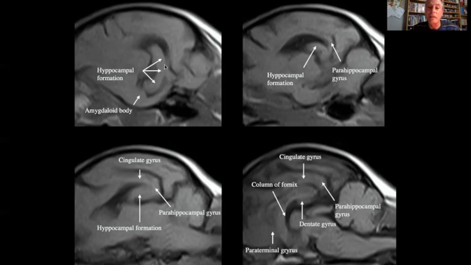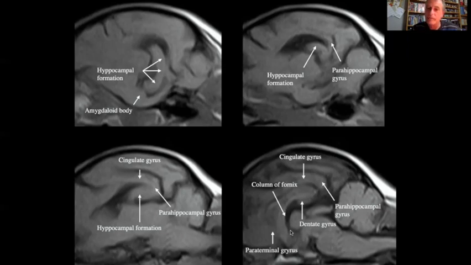This is the lateral ventricle and the amygdaloid body here. Again, you see the parahippocampal gyrus continues and folds and forms the hippocampal formation here. This is the same: cingulate gyrus, parahippocampal gyrus that goes laterally and is missing here, but we identify the dentate gyrus and the fornix, okay?